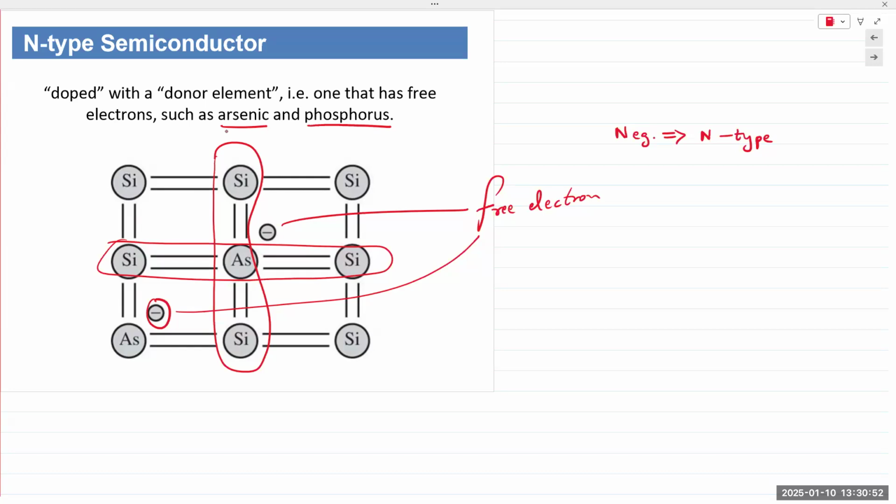So even if that electron is now free to move around, it is still balanced. Overall, it is still balanced by the positive charge that is bound to that atom inside the nucleus. So the electron is free to move around, but the positive charge is not.